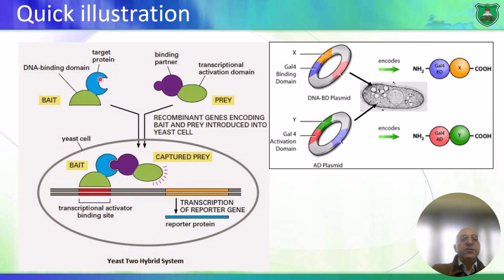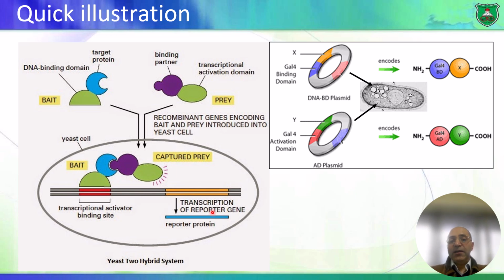Now, if these two interact with each other, then we're going to have the DNA binding domain and the activation domain very close to each other, and we're going to have transcription of LACZ. If LACZ is expressed, we're going to have beta-galactosidase. If beta-galactosidase is there, it's going to cleave X-GAL.